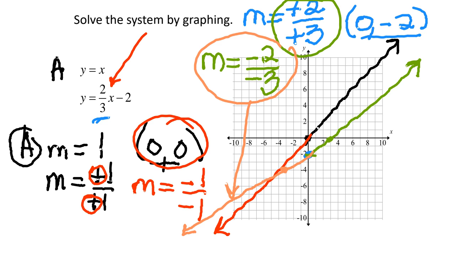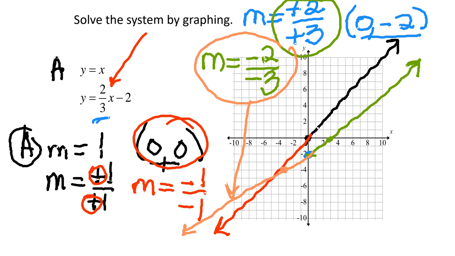I plotted 2 points. I went from the y-intercept up, the y-intercept down. Well, if I had graphed this better, then I should have probably been more accurate. Okay.